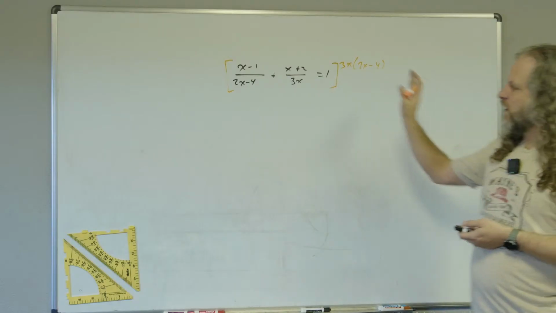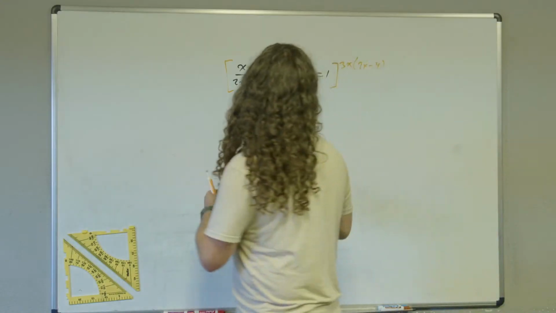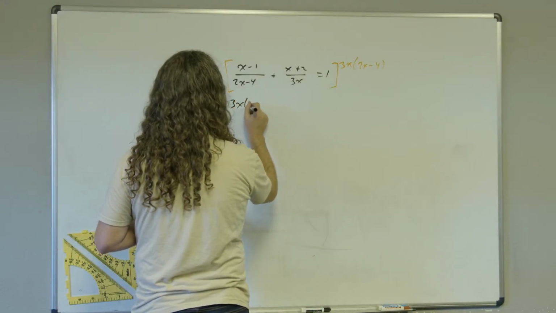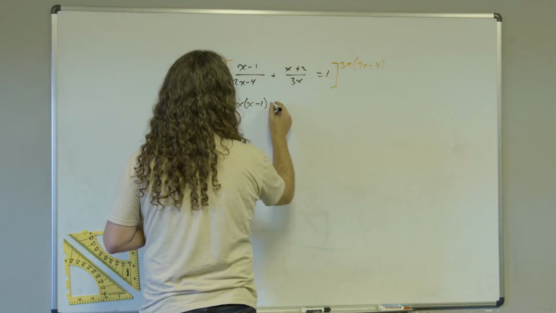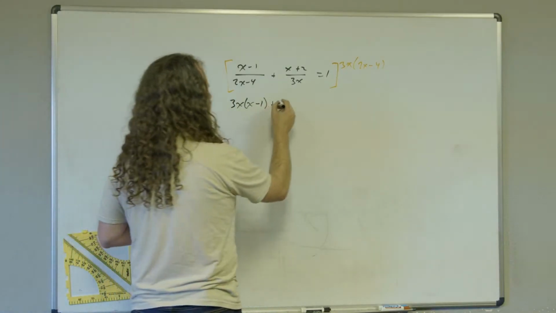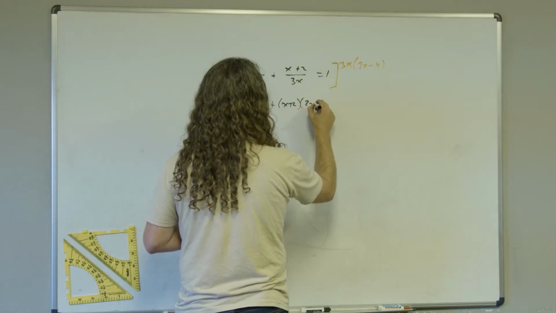So when we do the first one, the 2x minus 4 cancels, leaving just 3x. So we've got 3x times x minus 1 plus this one, the 3x cancels, leaving us with 2x minus 4. So we have x plus 2 times 2x minus 4.